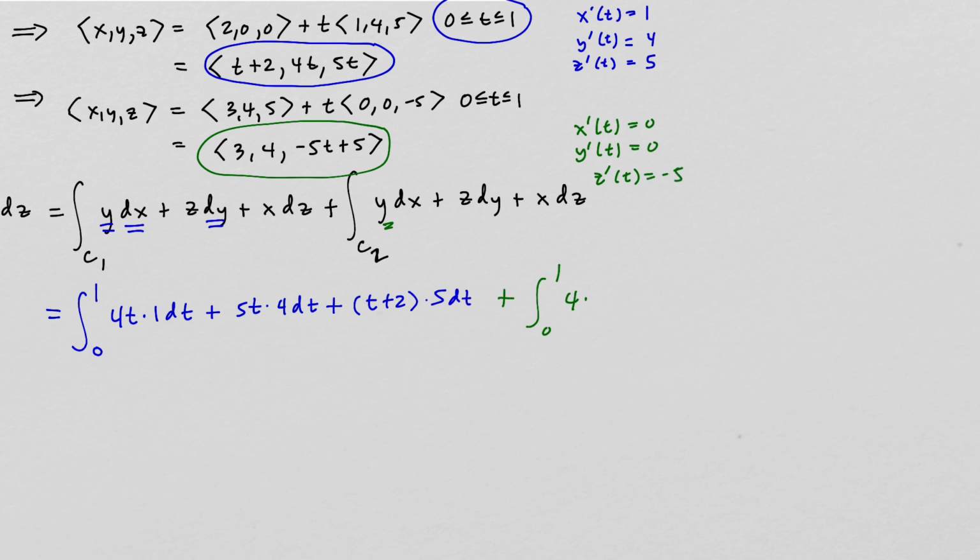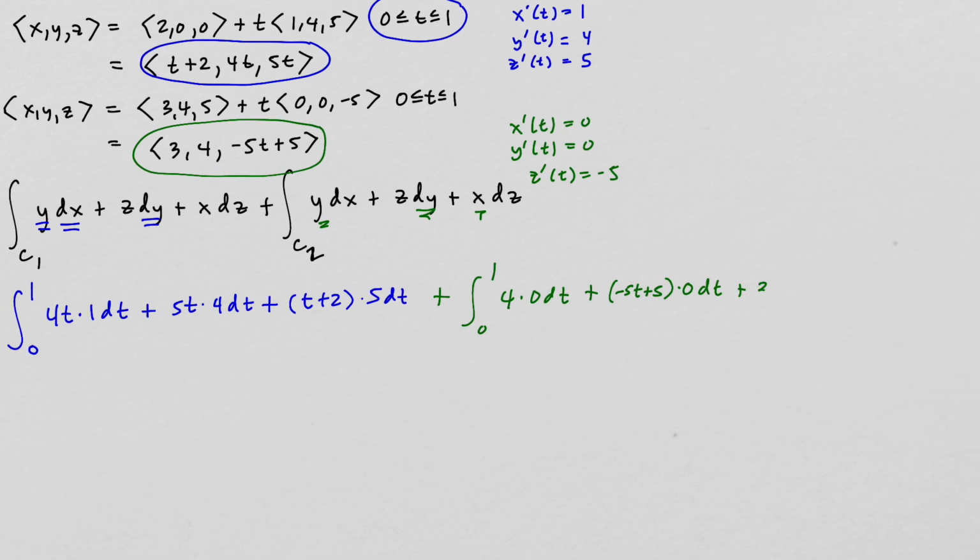So we're actually going to get 4 multiplied by 0 dt, which of course is 0, plus z, which is negative 5t plus 5, multiplied by dy, which is x prime of t dt, which is also 0, plus x times dz, which is 3 times negative 5 times dt.